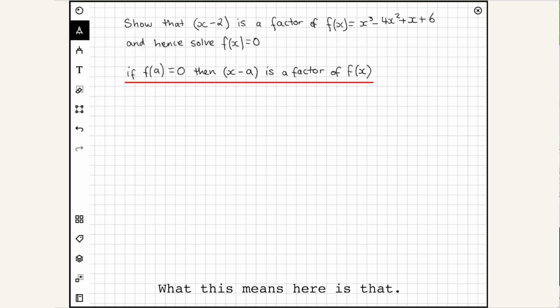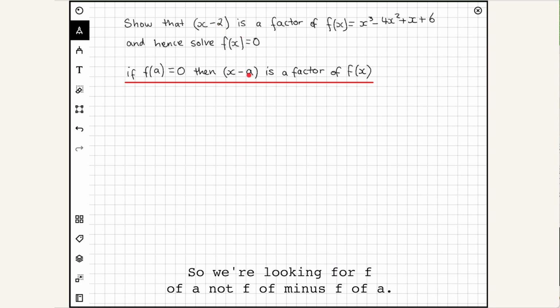So what this means here is that if 2 is a factor of this function, then it will equal 0 when I substitute 2 in here. Be careful of your negative signs here. It's 2, although this is minus 2, this is x minus a.